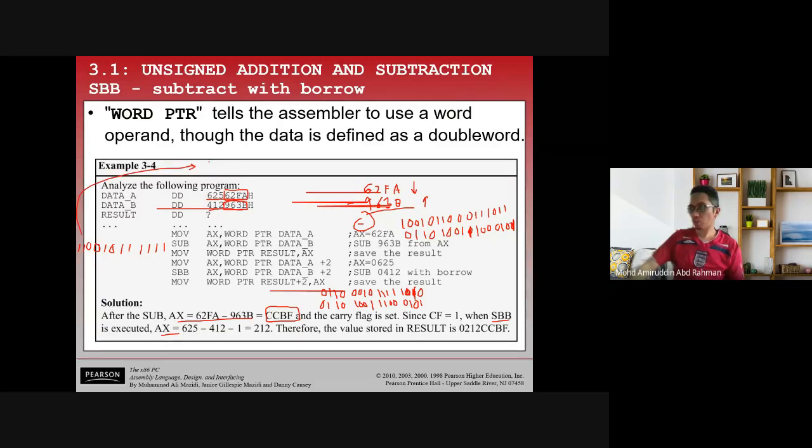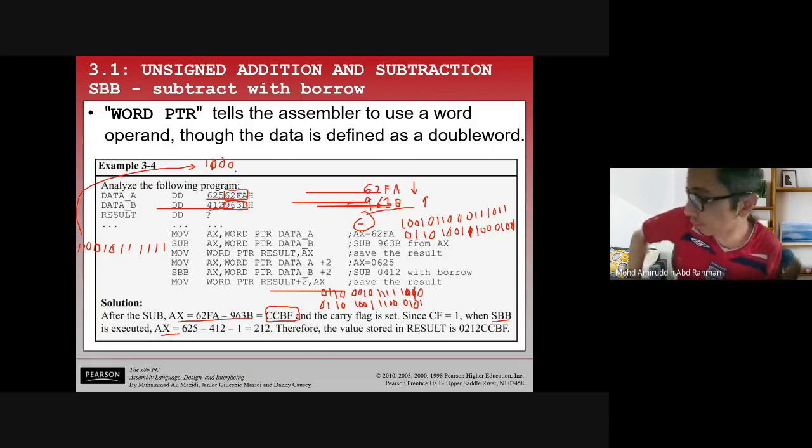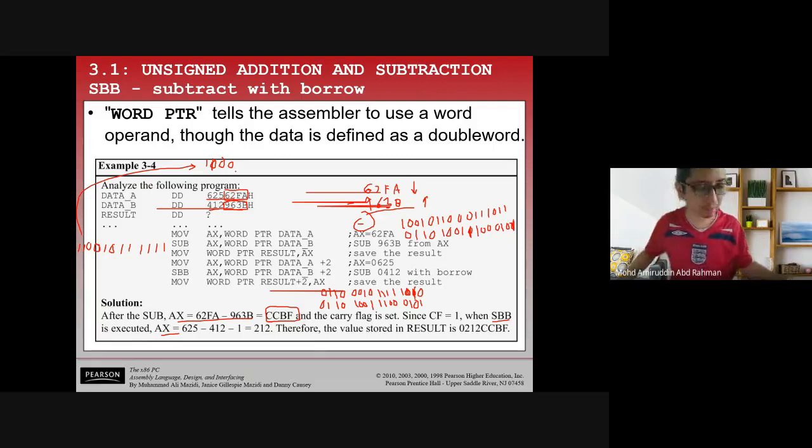Over here it will be 1, 1, 1, 1, 0, 0. So that's the number. So we have this 1, 1, 0, 0, and then we have 1, 0, 1, 1, and 1, 1, 1, 1.